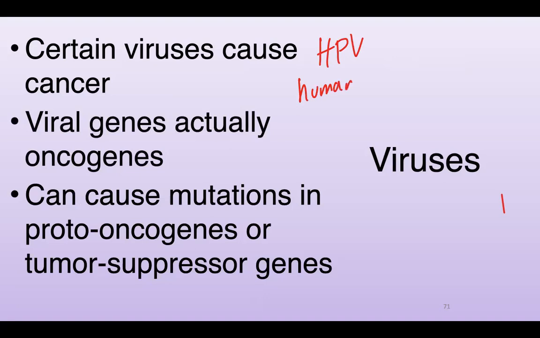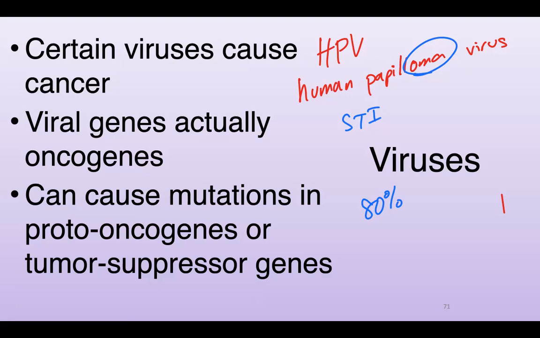It is human papilloma virus. Now, anytime that you see OMA, that means it's a cancer. So HPV is actually an STI. It's a sexually transmitted infection. Health professionals estimate that of the entire world's sexually active population, 80% of them have had this virus.